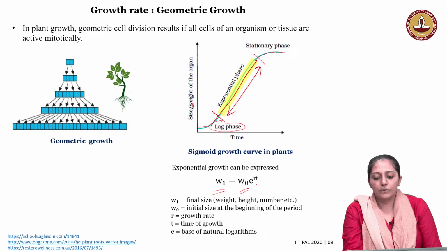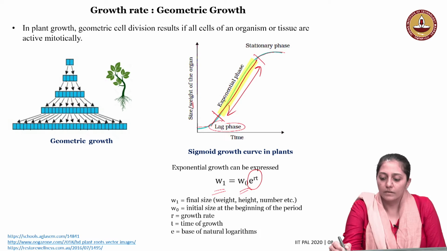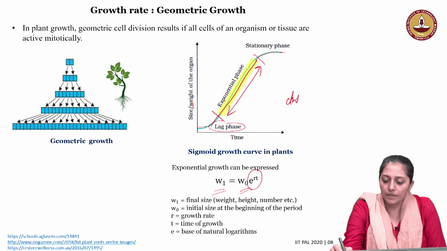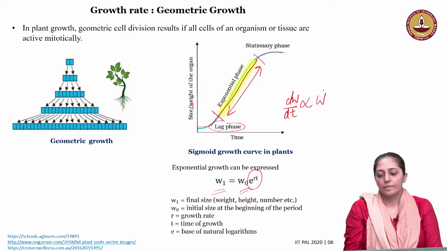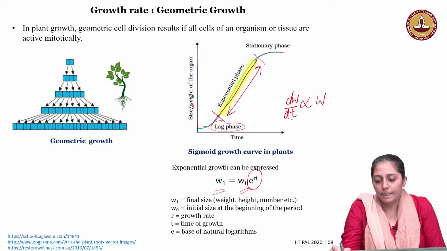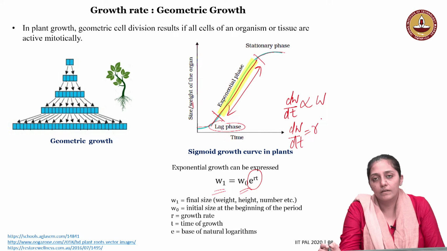So, with respect to time, this is the exponential function. The rate at which the weight of the plant is changing is proportional to the weight of the plant. So, mathematically, when this proportionality constant comes in, it has been given a notation small r, and we have W.